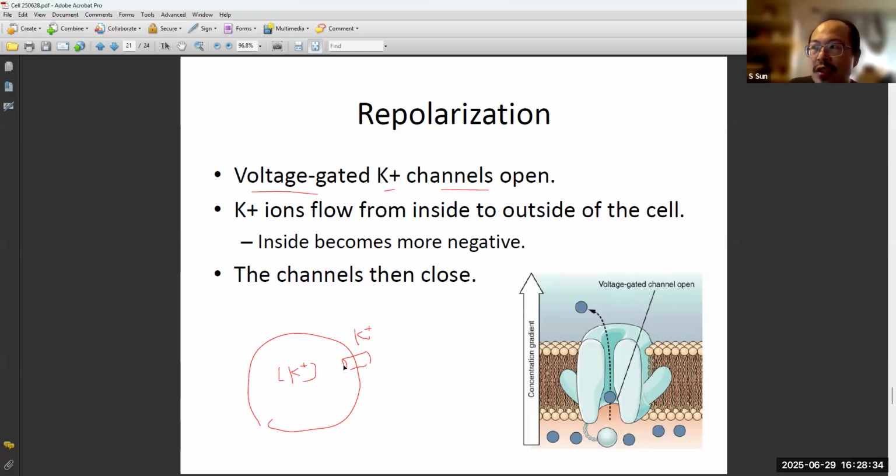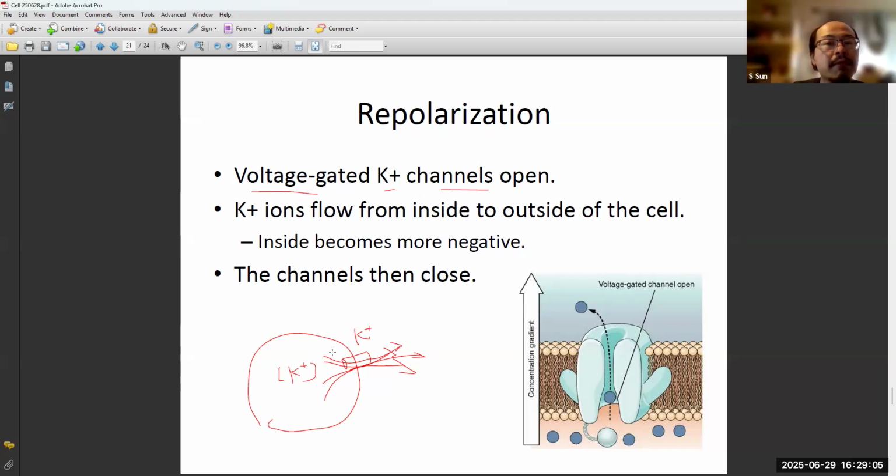So when this channel opens, a lot of potassium will go out. It will diffuse out. And when it diffuses out, since it is a positive charge ion, it will make the inside negative again. It causes the membrane potential to become negative.